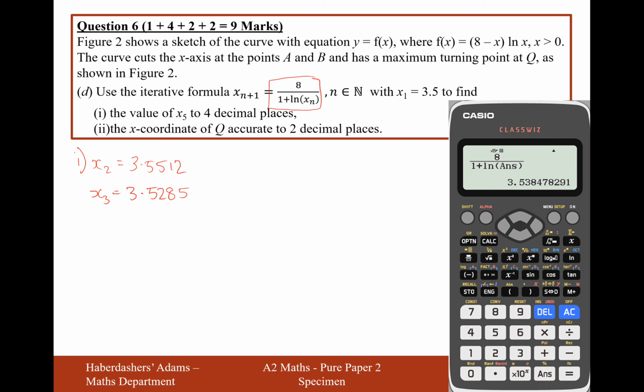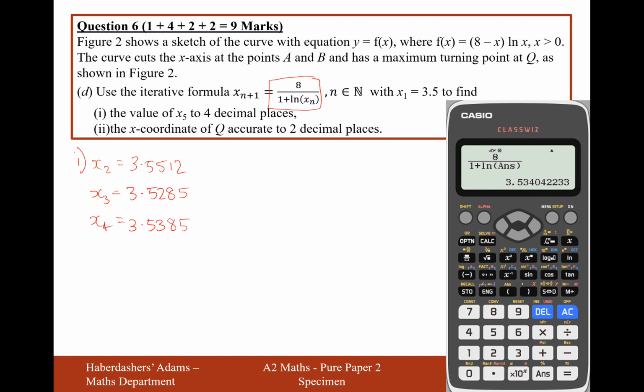Press the equals button again and you get x4, which is 3.5385. Press the equals button again and that's our final answer here to 4 decimal places, 3.534. So there we are, that's our answer to D part I.